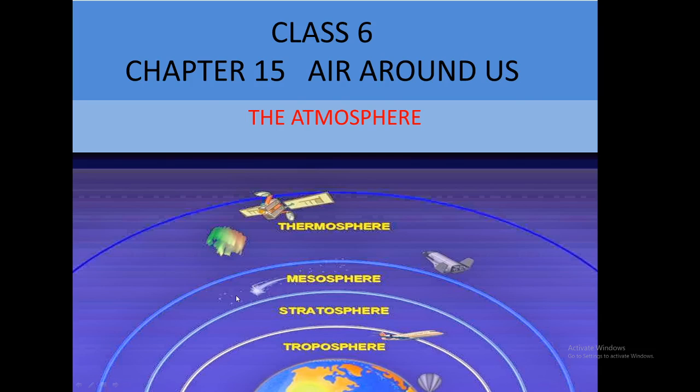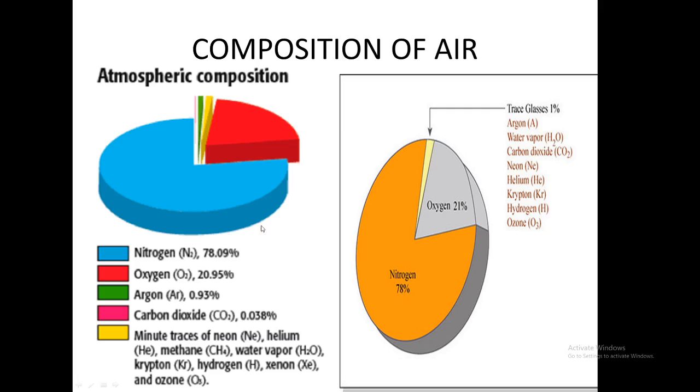Now the next one is the composition of the air. Okay, this also you learned in the previous class, right? Earlier, the scientists thought that air is a single substance. If we say air, first we say oxygen, because oxygen is the living gas, right? It is needed for breathing, then only we can survive.